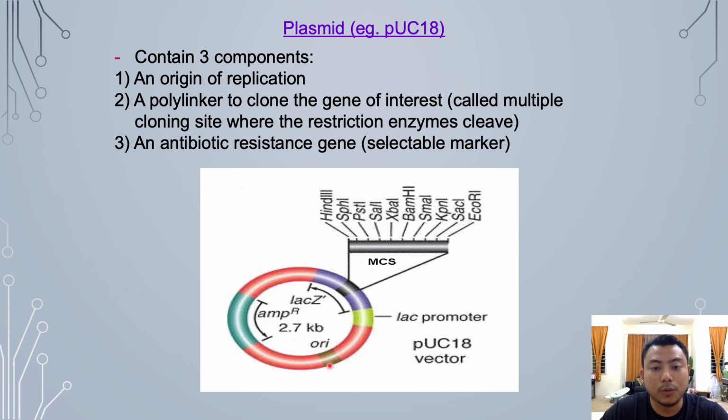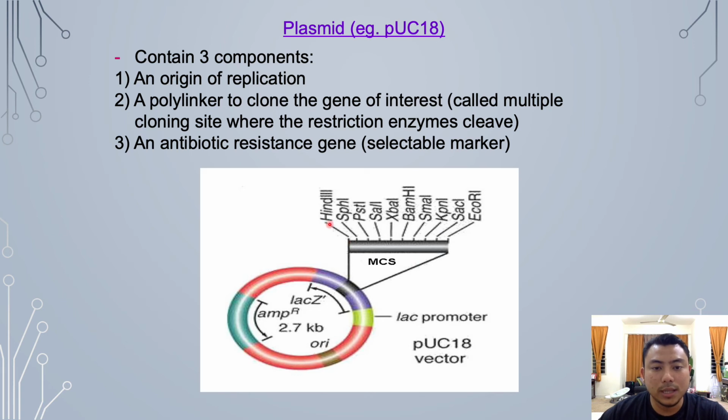This is the point where we start the replication process, and then the polylinker is called the multiple cloning site, or short form MCS. So, what is this MCS? Actually, along this segment of the gene here, there is a multiple cloning site, whereby in this segment we have many sites where a restriction enzyme can make its cleave, its cut.